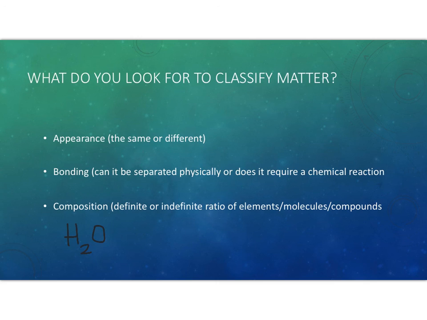An indefinite ratio means when I take a sample, the ratio of one substance to another changes. Let's use salt water as our example of an indefinite ratio of elements to molecules to compounds. Salt water is a combination of salt particles, sodium chloride, and water molecules, H2O. Now they're not chemically combined, they're just hanging out in the same container together.